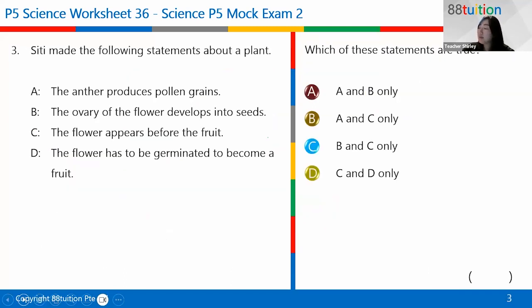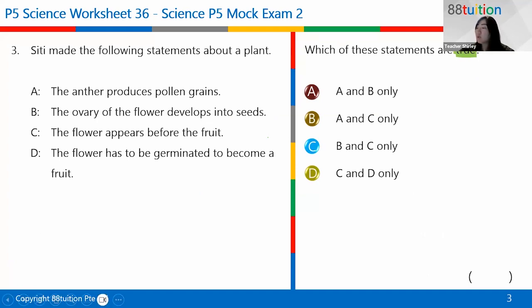Siti made the following statements about a plant. The anther produces pollen grains. Is it true or false? Now always read the question carefully. It's asking for true statements, so you can put a tick.